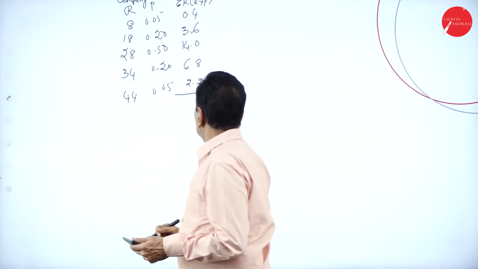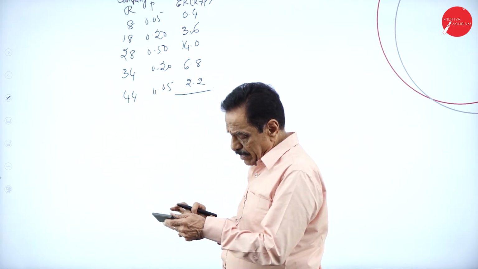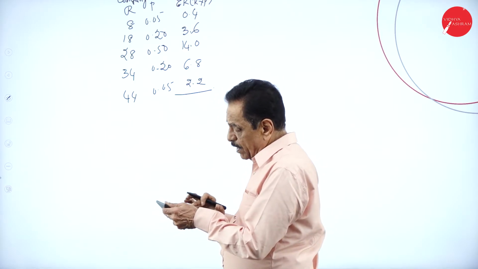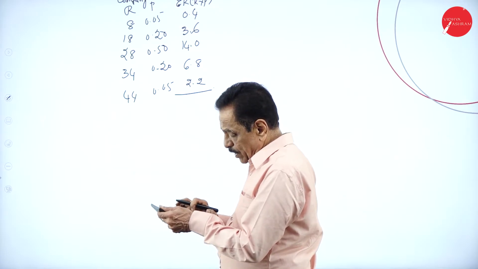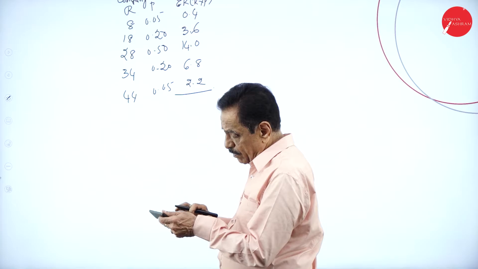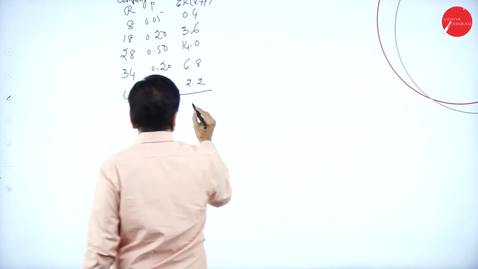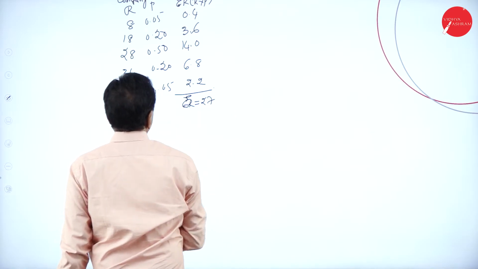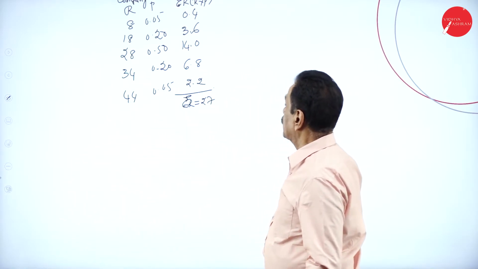Add the figures: 2.2 plus 6.8 plus 14 plus 3.6 plus 0.4 is 27. Expected return is 27. This is nothing but R into P.